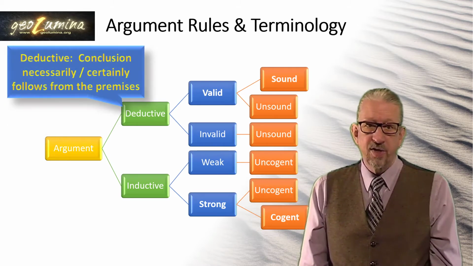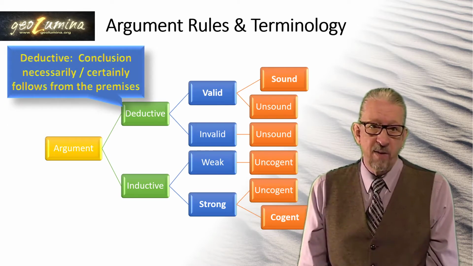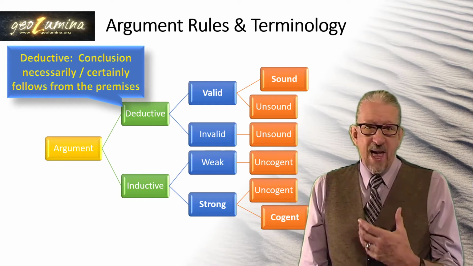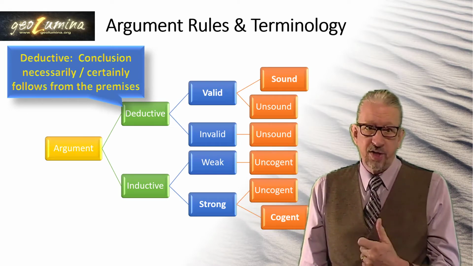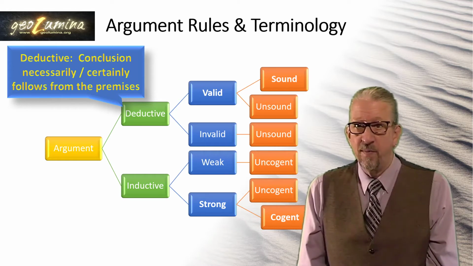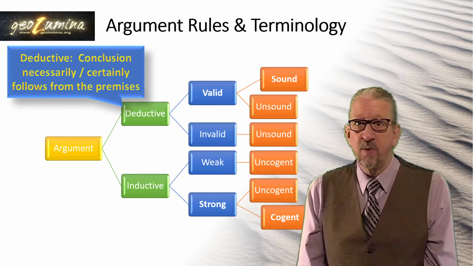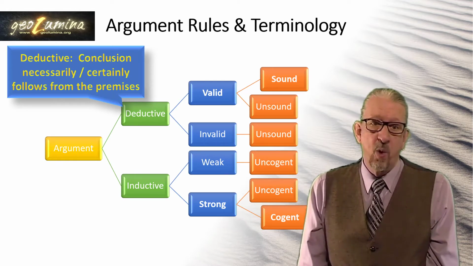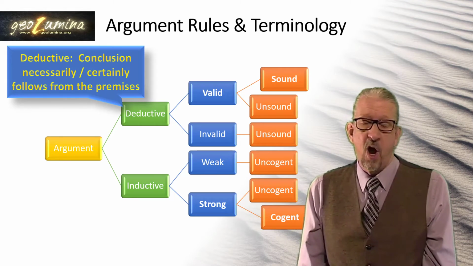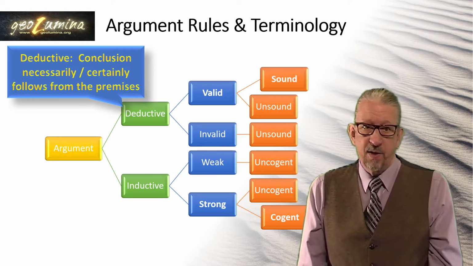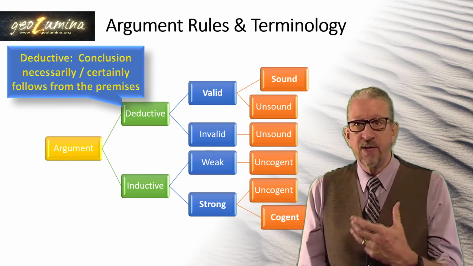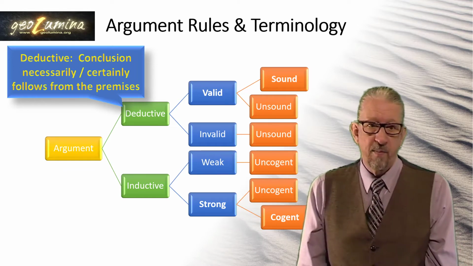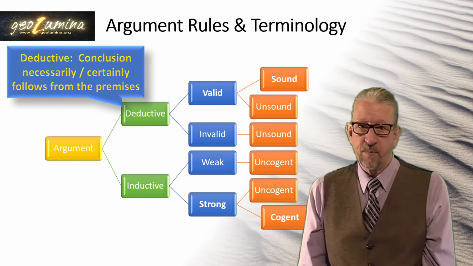Now, when we start to use that evidence to make an argument, if the conclusion necessarily or certainly follows from those premises, as we've seen already, we call that a deductive argument. So a deductive argument is where the conclusion certainly follows from the premises.